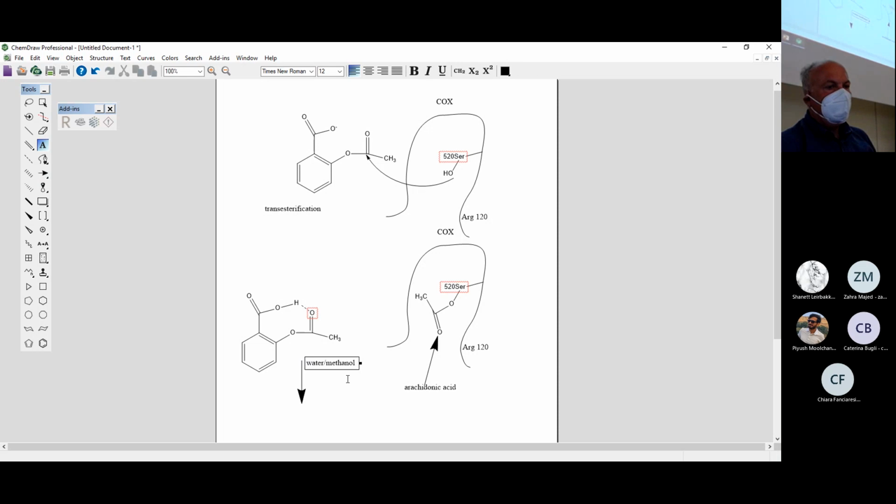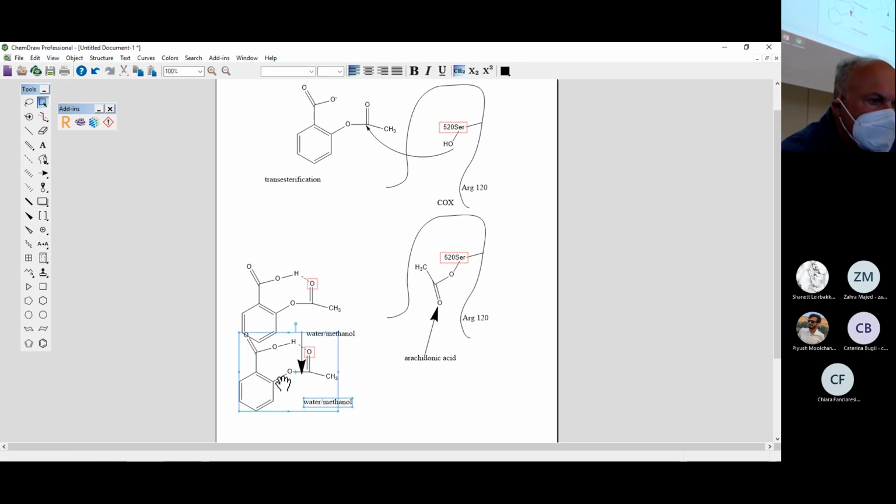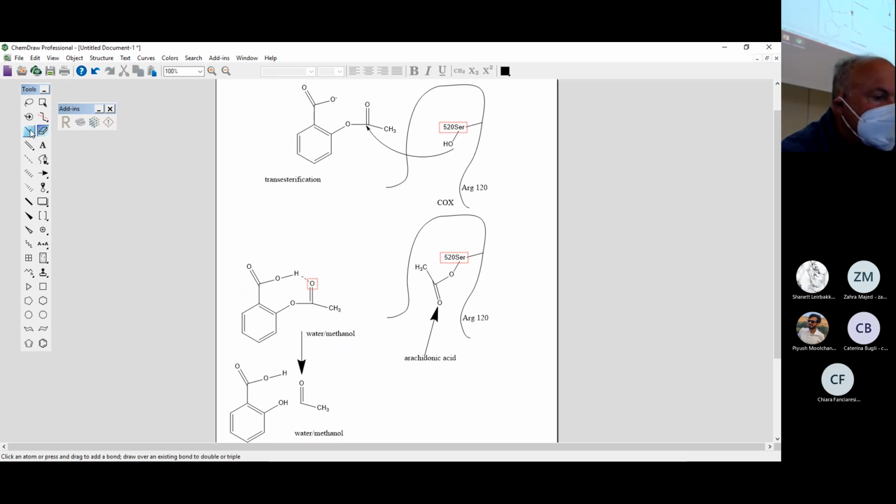If you make this type of solution, after a few minutes, you will have the formation of salicylic acid again, and then acetic acid.